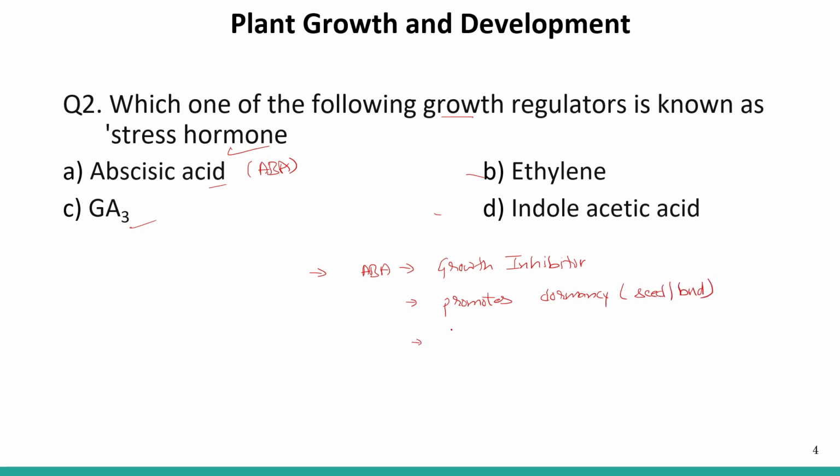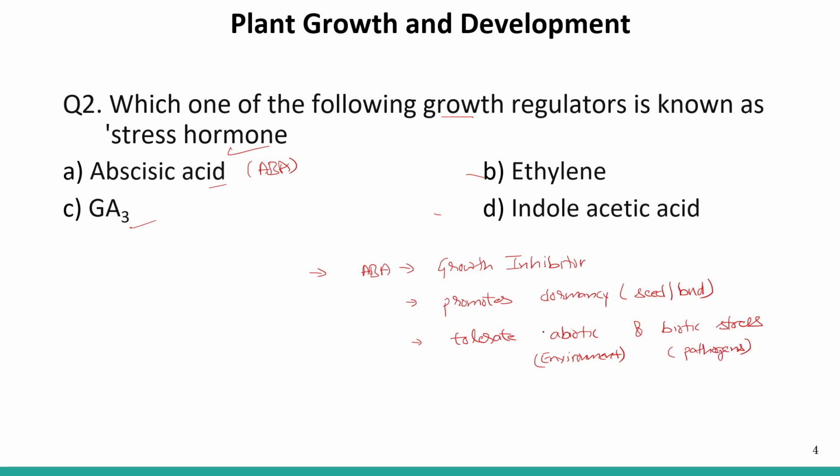What else does it do? It helps the plants to tolerate abiotic and biotic stress. Abiotic means environmental stress such as drought and salinity, high salt conditions. Biotic stress is caused by microorganisms, or you can say pathogens.